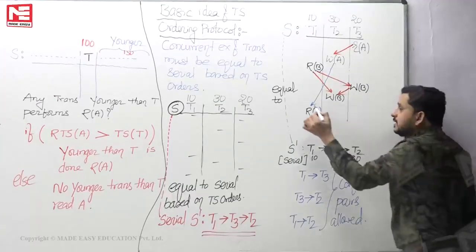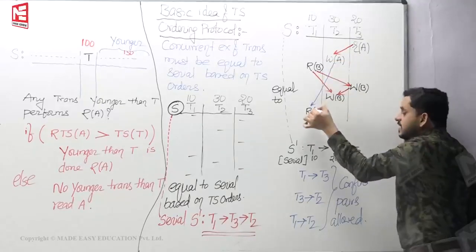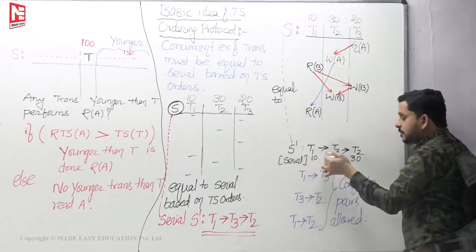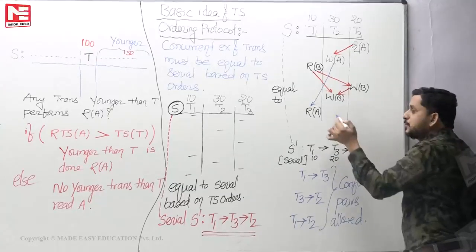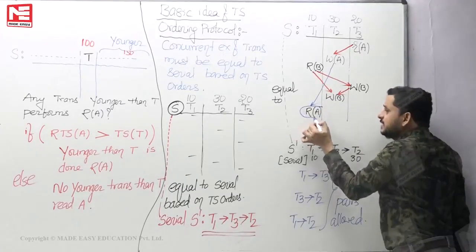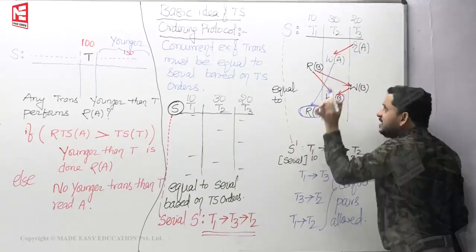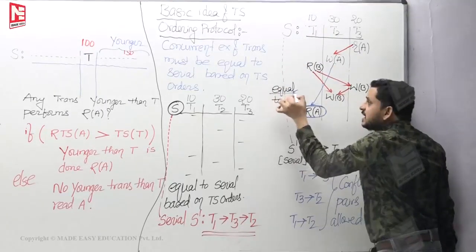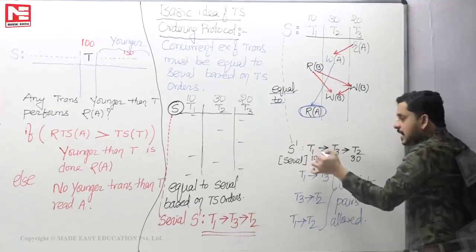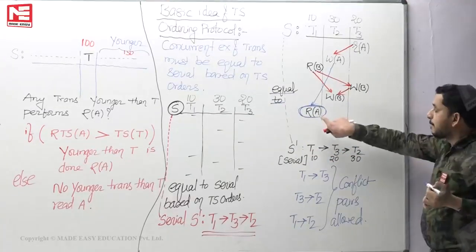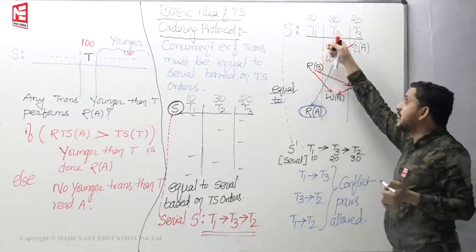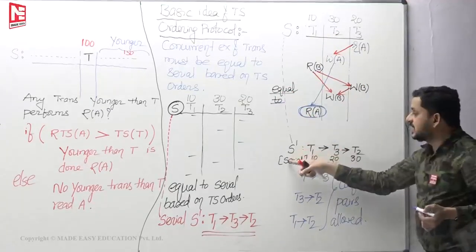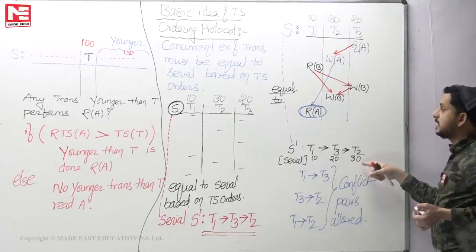So, see, the T3 precedes T1 conflict pair is not allowed to execute. Because of this read, this concurrent execution fails the equality condition to serial based on timestamp order.